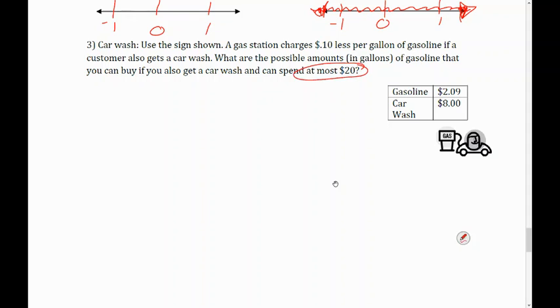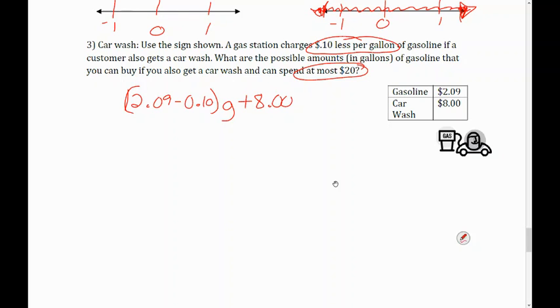So at most $20, and we're getting 10 cents less per gallon. Right now, gasoline costs $2.09, but if I'm going to get a 10-cent discount, we're going to subtract that for every gallon that we buy, as long as we add the $8 car wash.